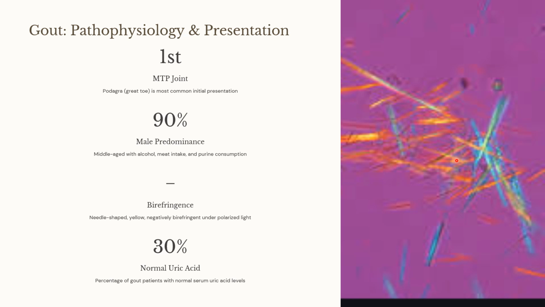Sometimes under the microscope, because of the needles being arranged in this way, it is not very characteristic, but they can also appear like a rosette. The monosodium urate crystals caused by gout cannot be seen on X-ray because they are radiolucent.